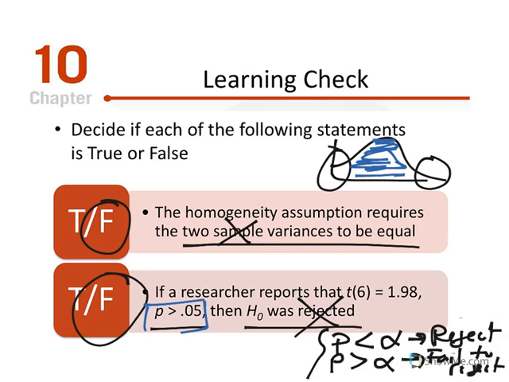Now, this particular lecture is not as relevant to the homework problems that we have for this chapter as they will be relevant towards what we learn in Chapter 12. So this information is presented in this chapter, Chapter 10, in anticipation of what we're going to learn in Chapter 12.